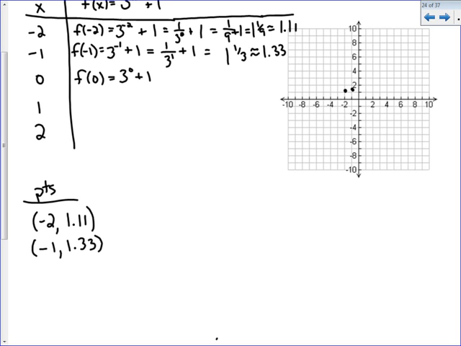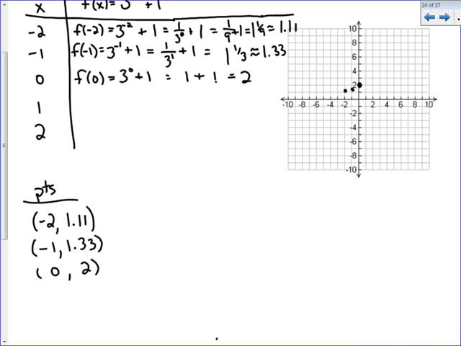Anything to the 0 power is 1. Sometimes they get exponentials that, instead of being a nice curve, bump down and then curve up. It should be a nice curve. So this is 1 plus 1, 2. My point is 0 for the x and 2 for the y. That one's easier to graph since it's not a decimal. You can start to see a little curve forming, little curves coming out of those points.